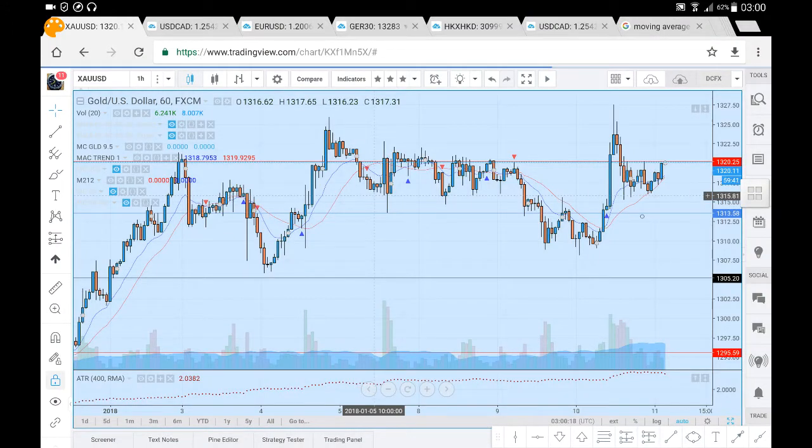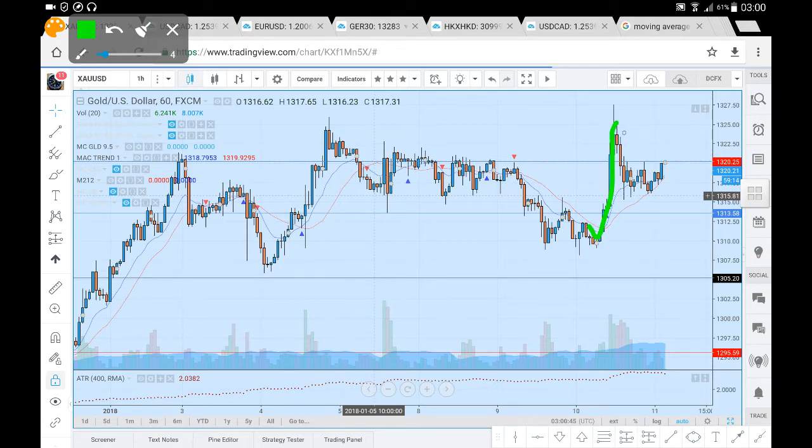On the XAU USD, so we've had this upside continuation, possibly a news-related event, because due to the size of the candles and the fact that we have headed up towards this 1327.50 and have seen a bit of a sell-off. So we've traveled quite a bit here on the XAU USD for it to be non-news related.